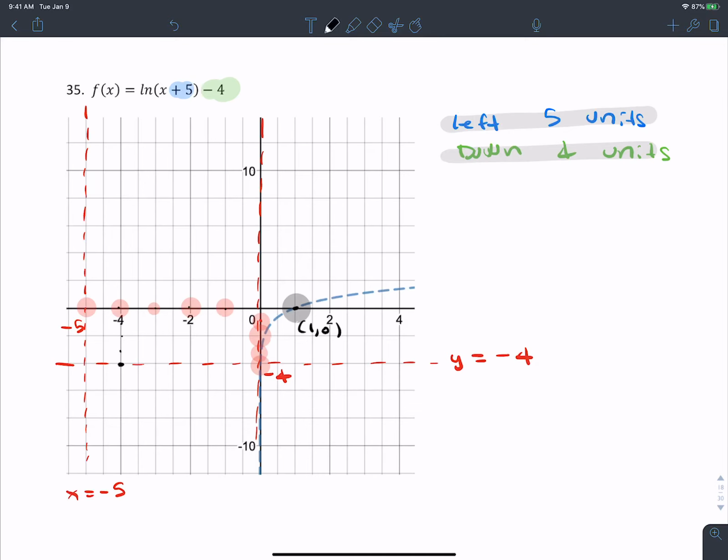So this is the location of my new reference point. That's going to the left 5 units and down 4, so I can sketch this curve. Make sure you never cross that new imaginary y-axis, and you can increase now up forever. This is moving everything to the left 5 units, down 4 units.